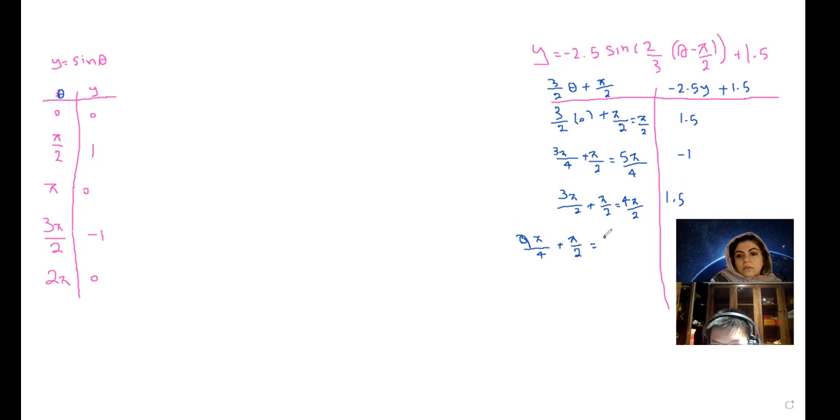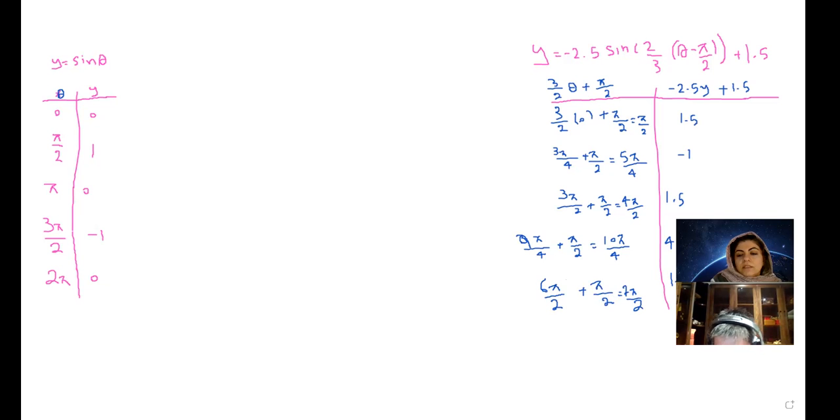You get 10 pi over 4. And you put -1, -2.5 becomes positive 2.5 plus 1.5, which is going to be 4. Then 2 pi is going to be 6 pi over 2 plus pi over 2, which is 7 pi over 2. And you put 0 here, it is 1.5.